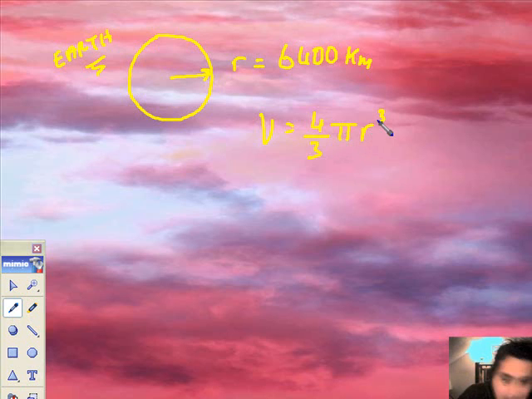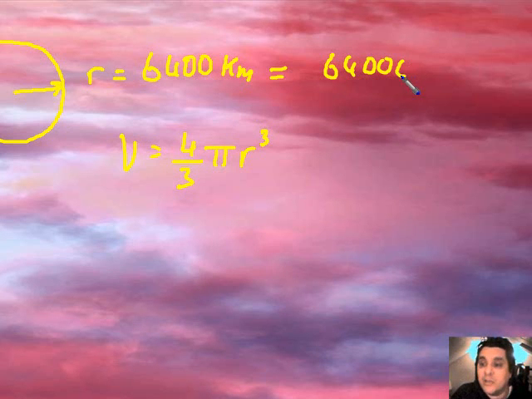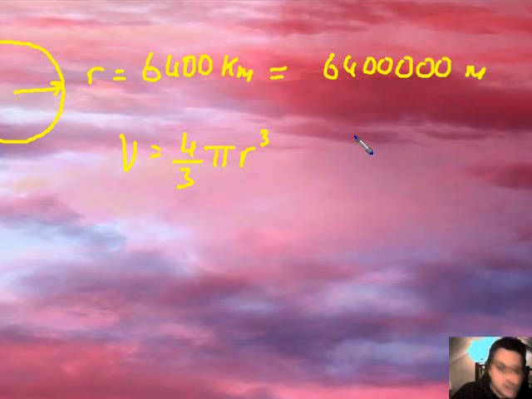in cubic meters. Well, if I have to put it into cubic meters, why don't I change this into meters now? So that's going to be 6,400 multiplied by 1,000 meters in a kilometer, 6,400,000 meters. Let's just check. Multiply by 1,000, doing. Yeah, that's correct. So I've now got to work out the volume of the Earth in cubic meters, in other words meters cubed.